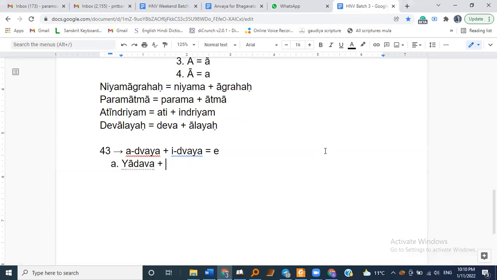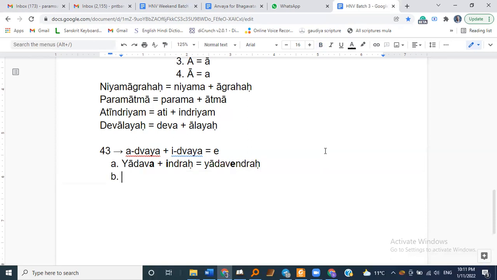Yadava Yukta Indraha. So here at the end of the first word Yadava, we have one of the Advayas. And here, at the beginning of the second word, we have one of the idvayas. So in this case, both of these letters are replaced by or turned into a Rama. So we get Yadavendraha.